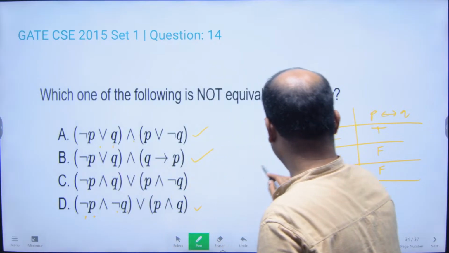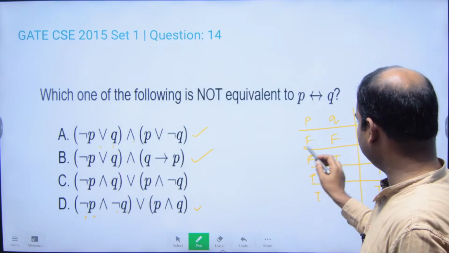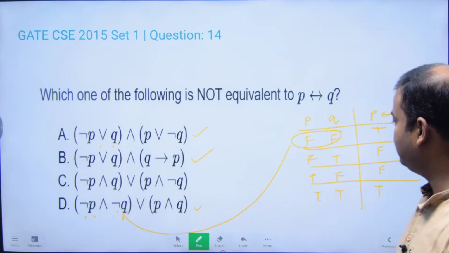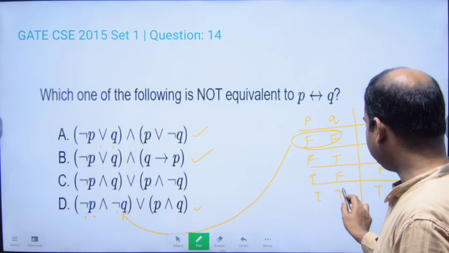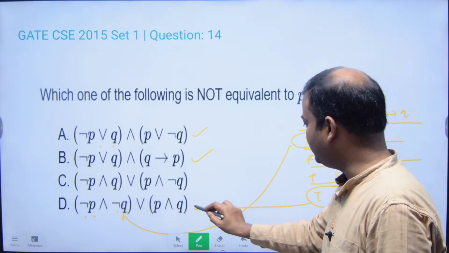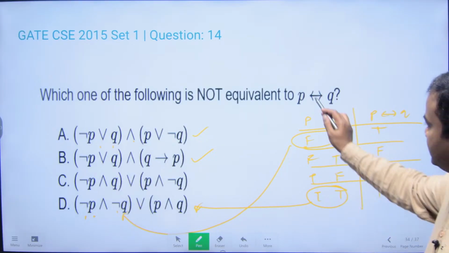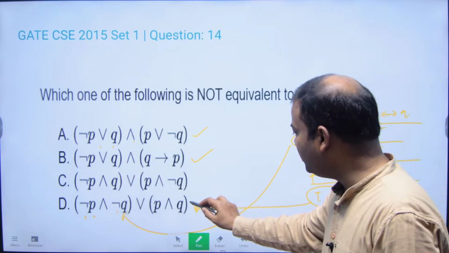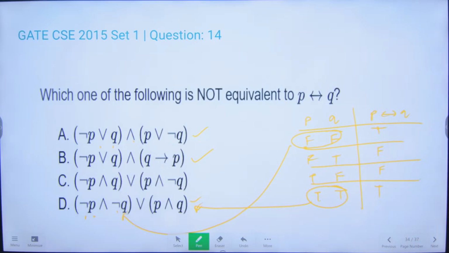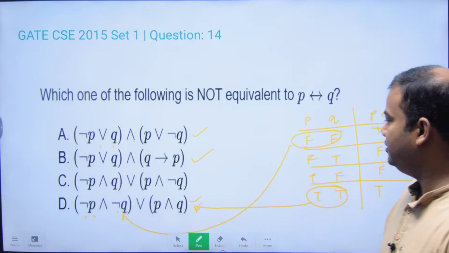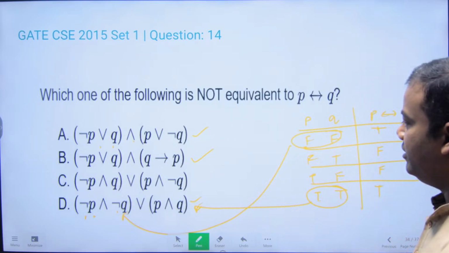Means this is written this thing. This thing is this one, and this thing is this one. So it is correct. Yes, this is equivalent. So actually all these things are equivalent. This is not the equivalent.